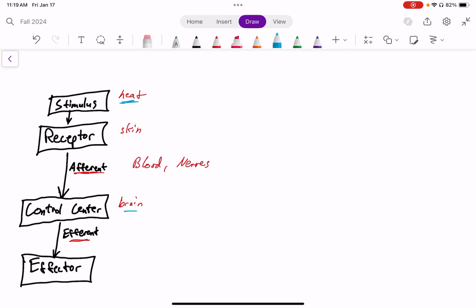If it gets too hot, the body will tell itself to sweat, which will then decrease the heat. The goal of the body is to get it so that the stimulus no longer really exists. As we continue to sweat, that cools down the skin and decreases the stimulus of heat. And that would be called negative feedback.